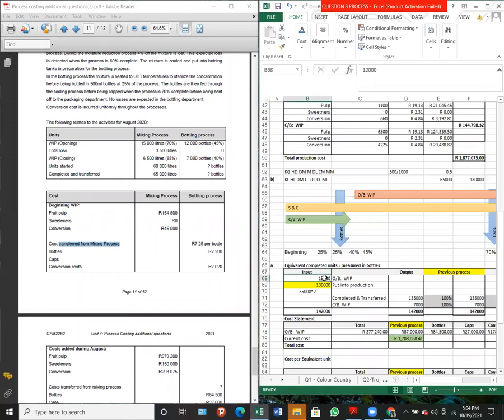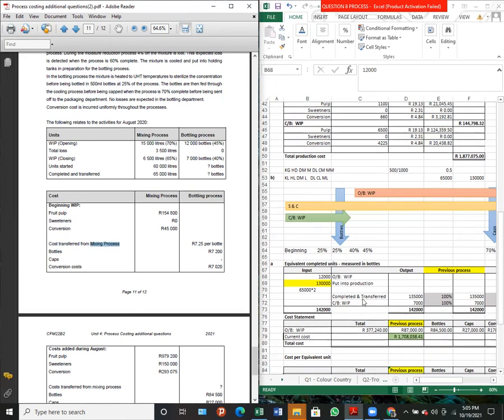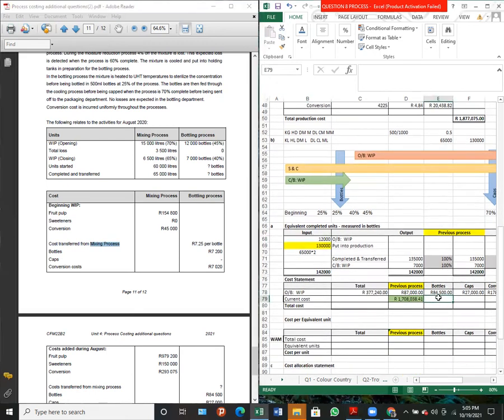This opening, guys, is important, which is from the previous. You are going to use this amount from the previous time. Cost transferred from mixing process. Remember, guys, we started with mixing. Now we are in bottling. I hope, guys, we are together.